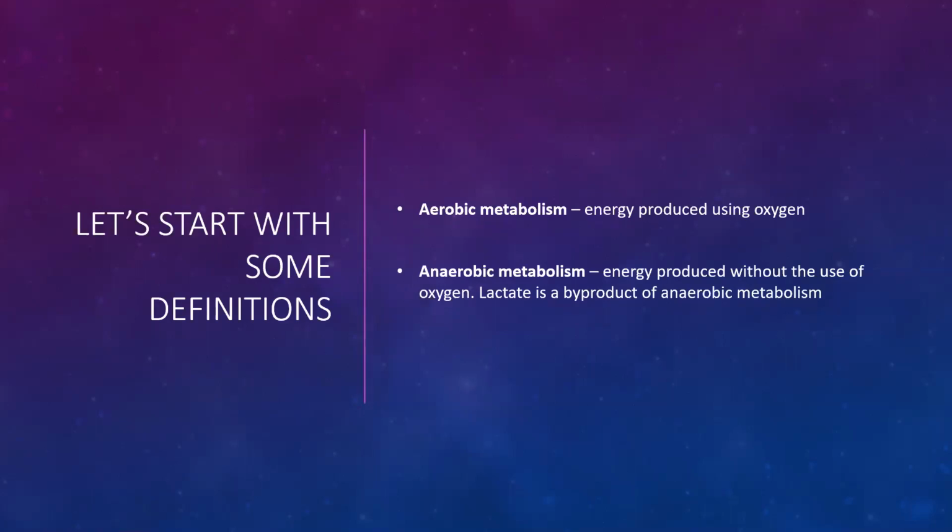Aerobic metabolism is energy produced using oxygen. So you're breathing in air, it goes from your lungs into your bloodstream, oxygenates the muscles, you produce energy, etc. Anaerobic metabolism is energy produced without the use of oxygen. And lactate or lactic acid is a byproduct of anaerobic metabolism.